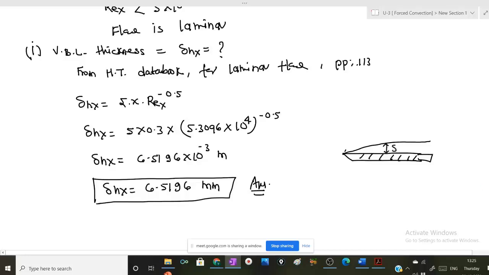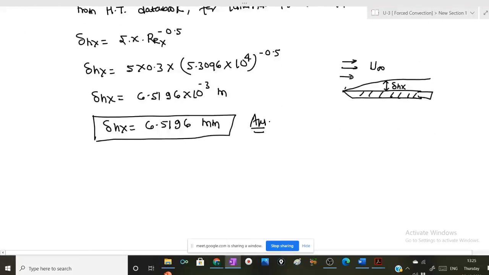So this delta Hx is this distance, and within this distance from the leading edge the velocity gradient exists, and beyond this the velocity of the fluid everywhere will be the free stream velocity. That is its physical significance. I hope all of you got the same value.